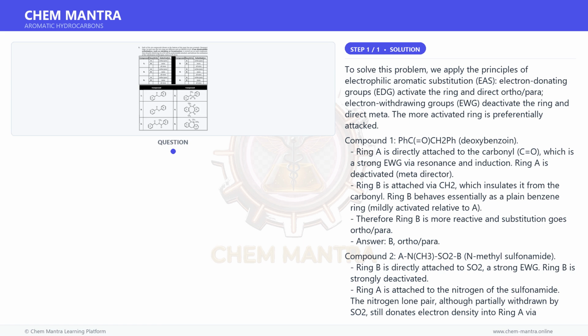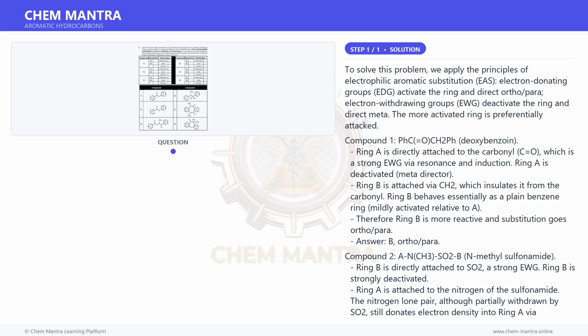Ring B behaves essentially as a plain benzene ring, mildly activated relative to A. Therefore, ring B is more reactive and substitution goes ortho-para. Answer: B, ortho-para.